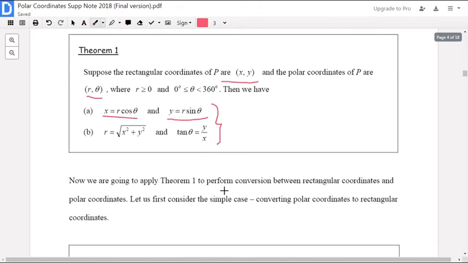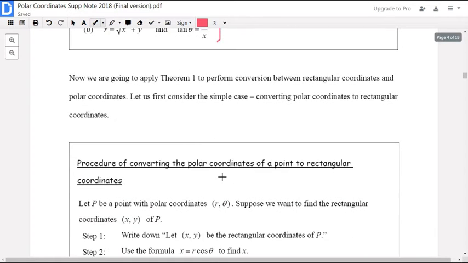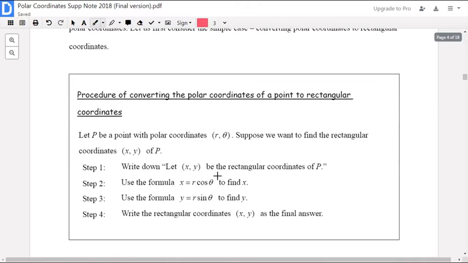Alright, how can we use this theorem to convert rectangular coordinates to polar coordinates or vice versa? We first consider the case where we want to convert the polar coordinates of a point to rectangular coordinates. Suppose I know the polar coordinates of a point P, which are (r, theta), and we want to find the rectangular coordinates of the point P. We have the following steps.